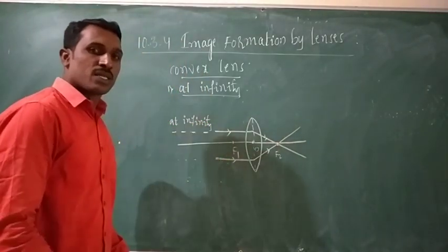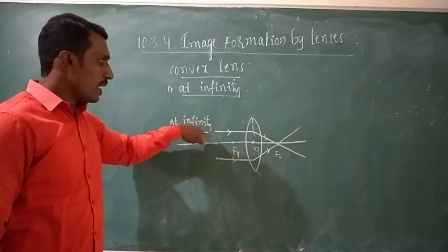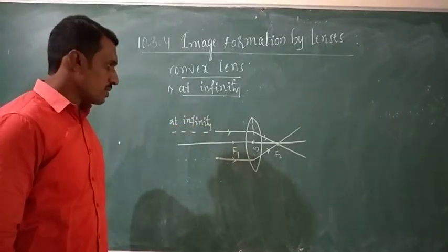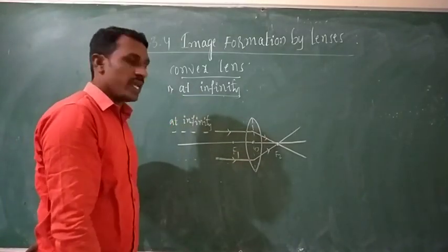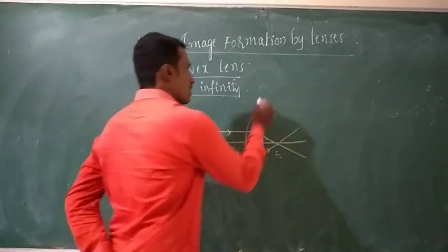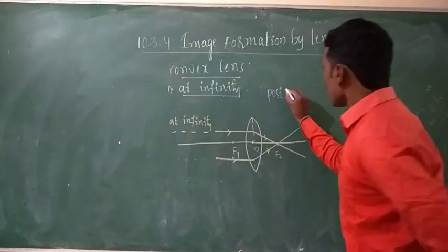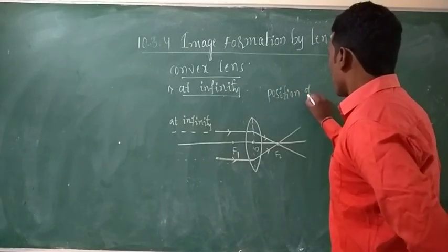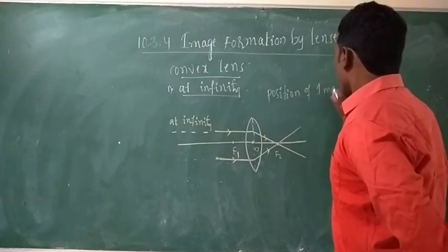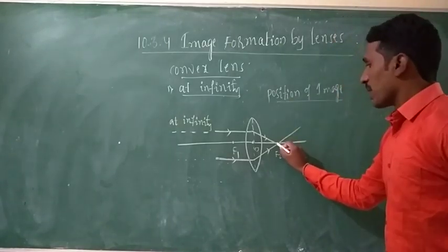Now we will write the properties related to image formation. The position of the object is at infinity, where will the image form? Position of image. Image is formed at F2.